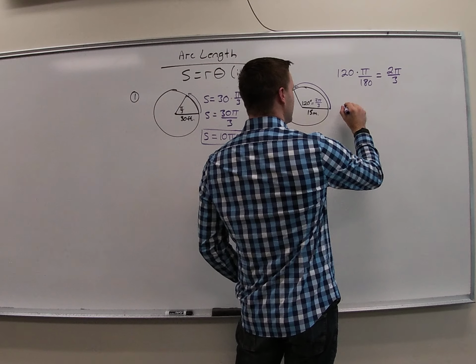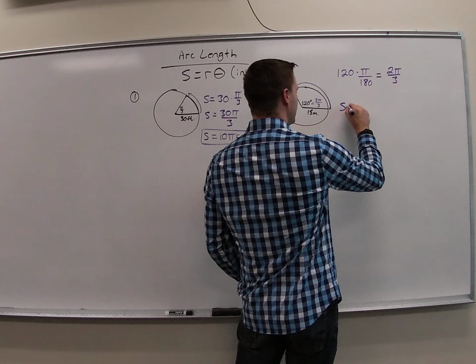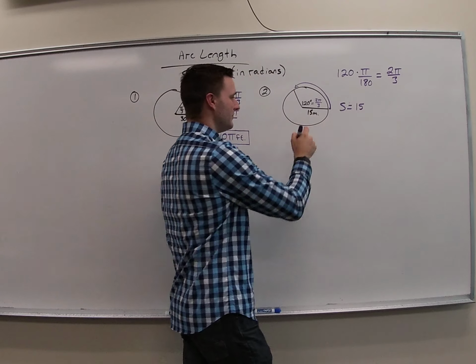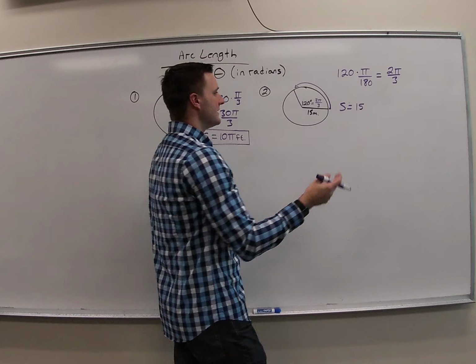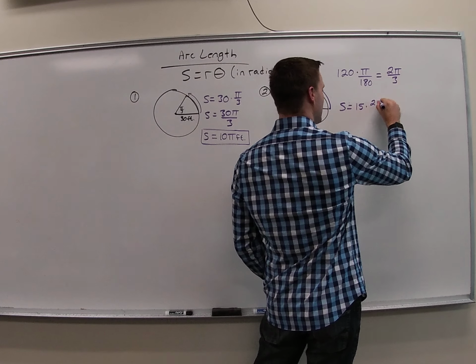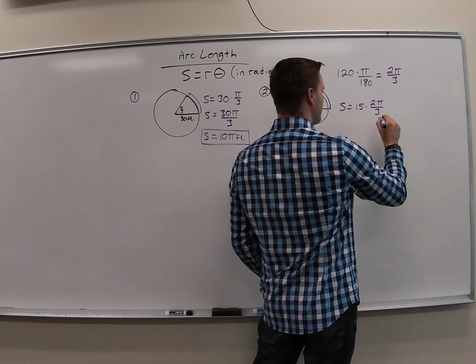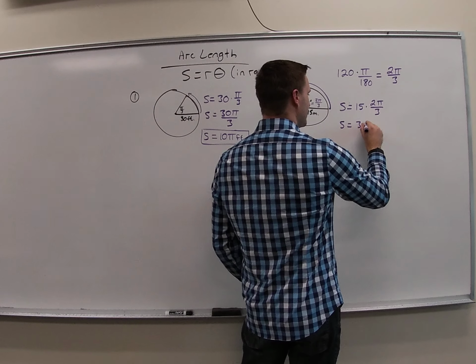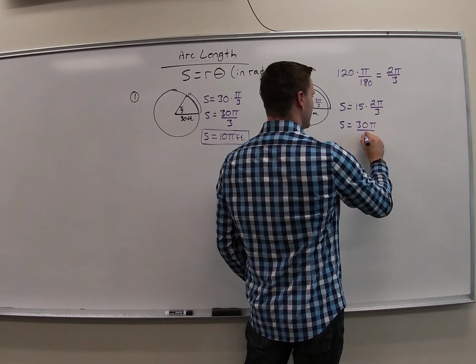Now we have the arc length equals my radius, which in this case is 15 meters, times the angle measure given to us in radians, which we found was 2 pi over 3. 15 times 2 is 30, so we get 30 pi over 3.